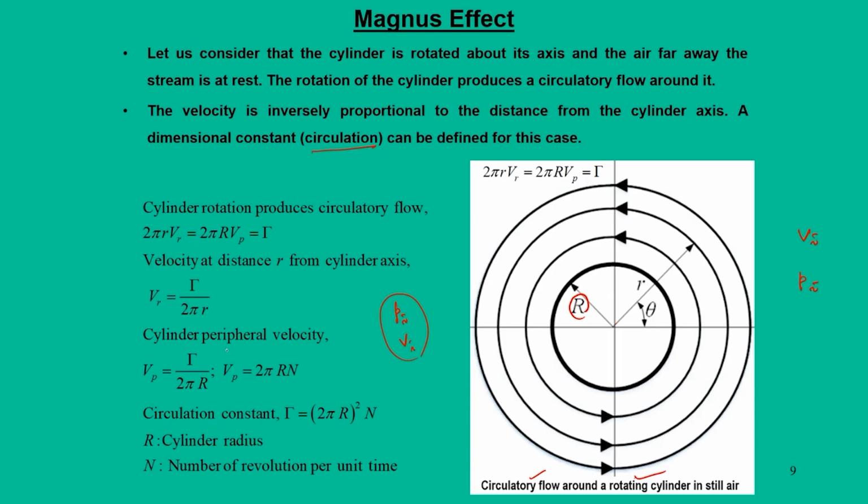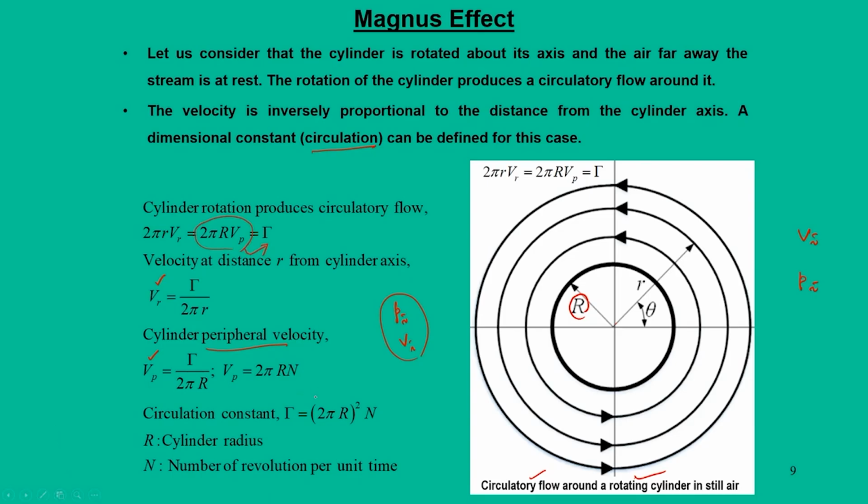One is the cylinder peripheral velocity, V p, the other is the velocity at any distance r from the axis, V r. Peripheral velocity is a constant quantity, and we term the circulation as equal to twice pi r into V r.